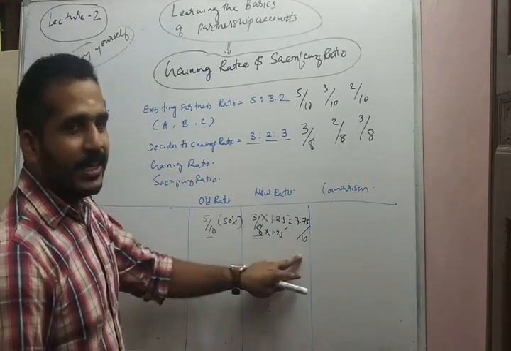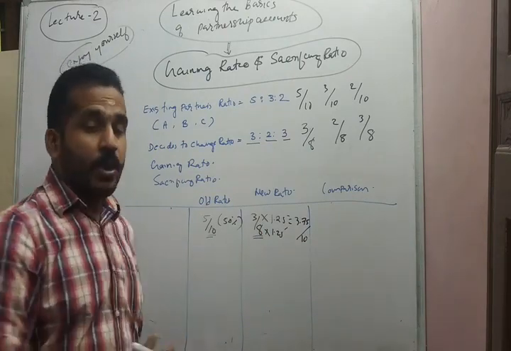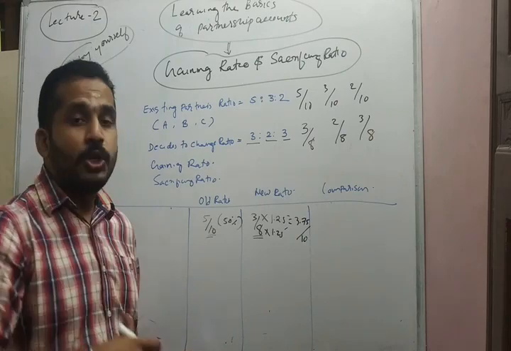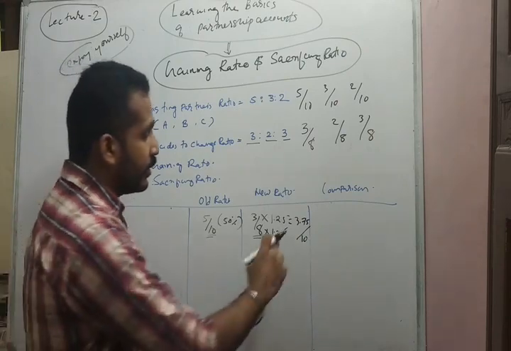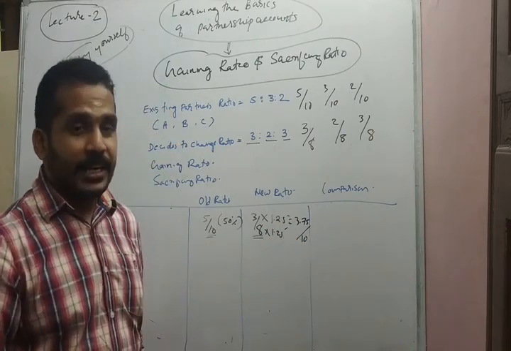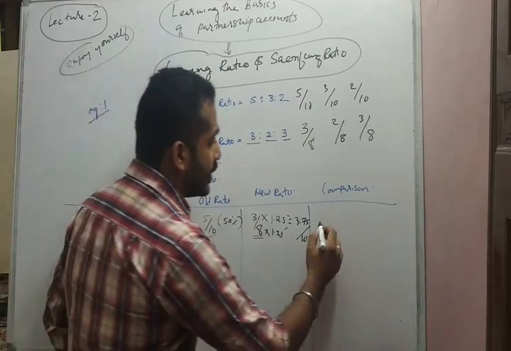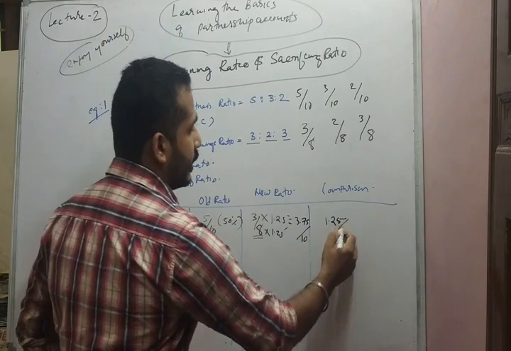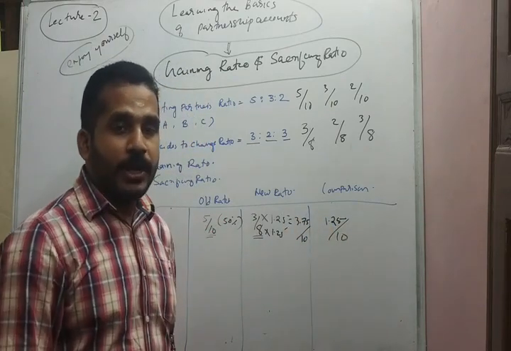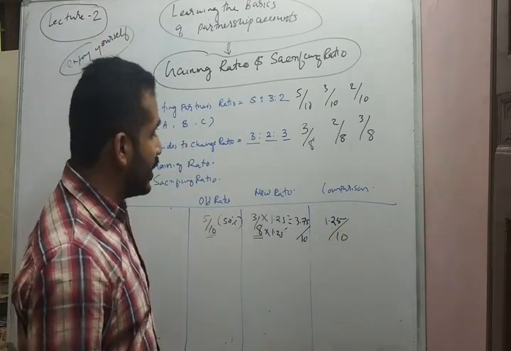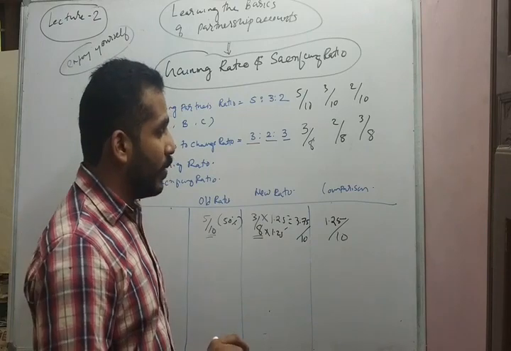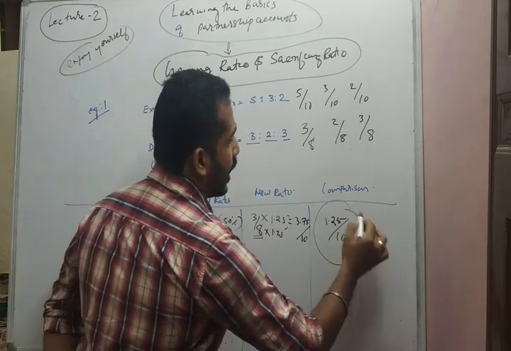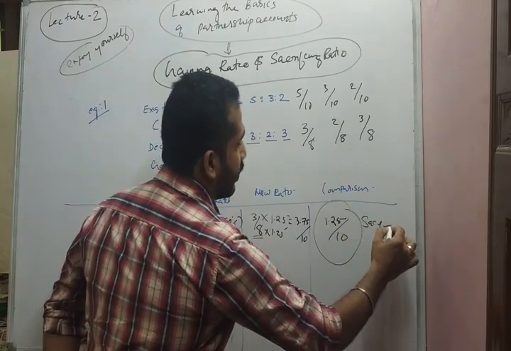Previously it was 5 by 10 for A. Now the new ratio is 3.75 by 10. That means he has sacrificed 1.25 by 10. He has sacrificed 1.25 by 10, and that is what is called the sacrificing ratio.